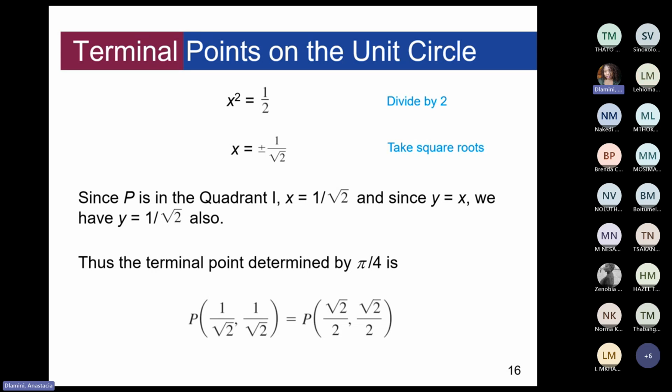Now, since P is in the first quadrant, we take the positive one, and since y equals x, we then substitute there. The terminal point determined by pi over 4 is what? Root 2 over 2, root 2 over 2. Are we all together? Guys? Yes, ma'am.